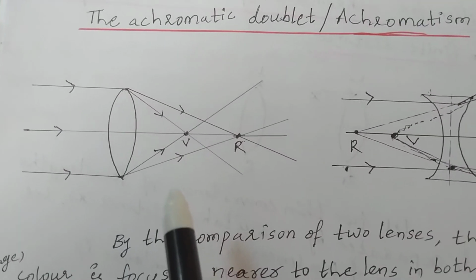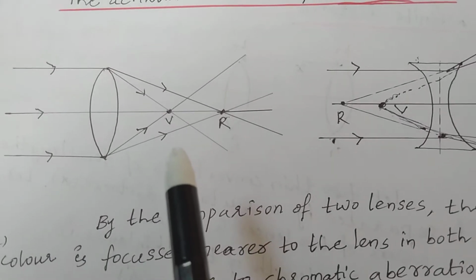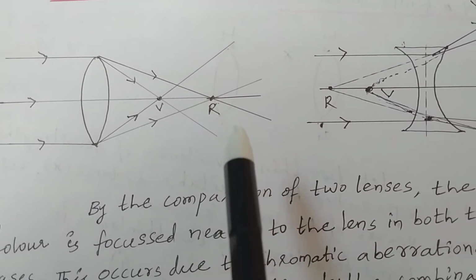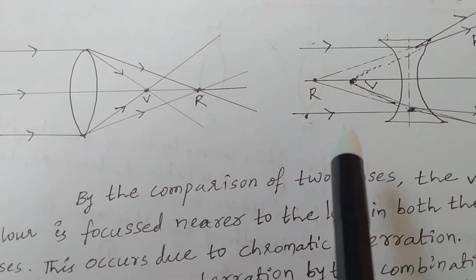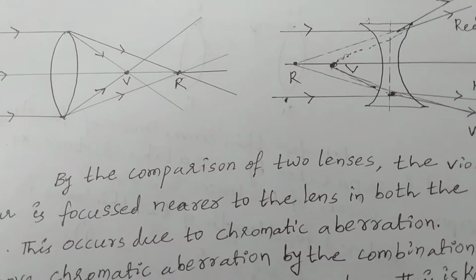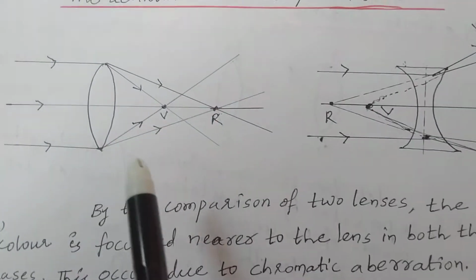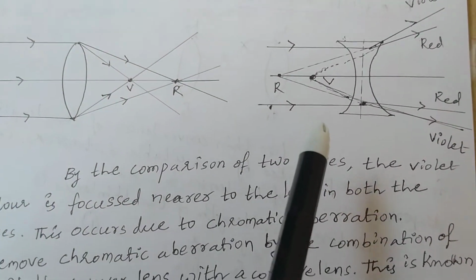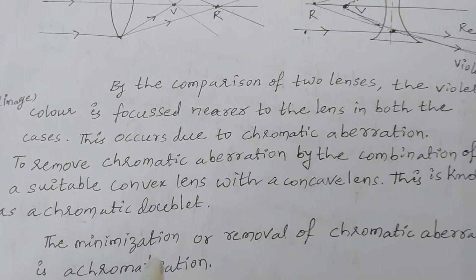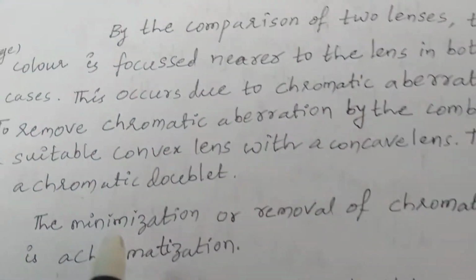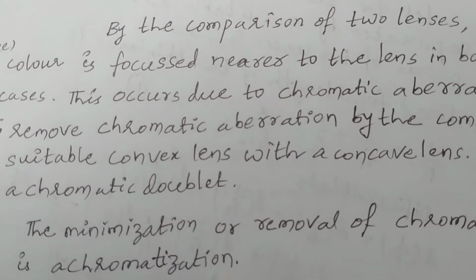To remove the chromatic aberration, we use a combination of a suitable convex lens with a concave lens. Such a combination is known as an achromatic combination or achromatism. The minimization or removal of chromatic aberration is called achromatization.